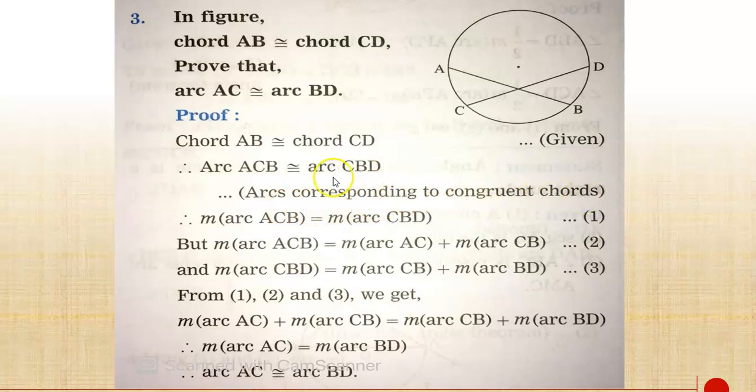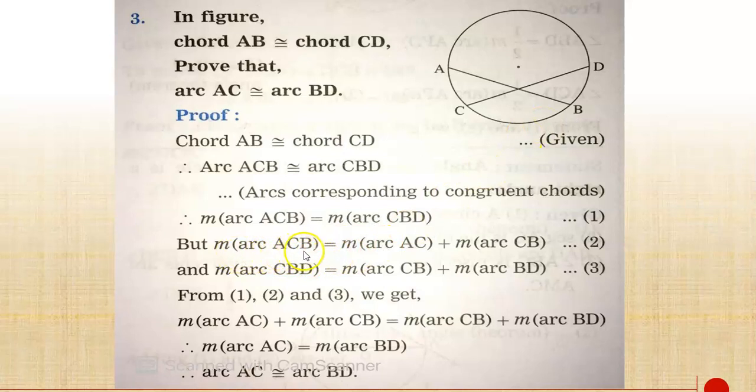Now if arcs are congruent, their measures are also equal. So I can say measure arc ACB is equal to measure arc CBD. And I name this as statement 1. But I know that this arc ACB is addition of two smaller arcs, that is arc AC and arc CB. So that's my statement number 2.